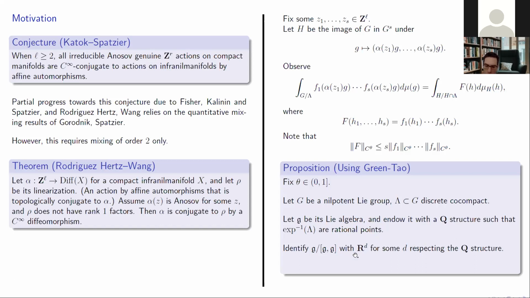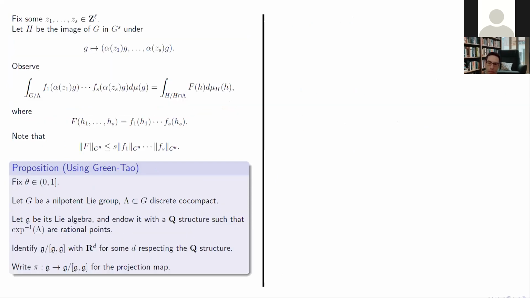So the R to the D will be already the Abelianization of the algebra, and you have your ordinary Q structure. And so I write pi for the projection map from the Lie algebra to the Abelianization. Again in the torus case, you can ignore this one because it will be the identity.